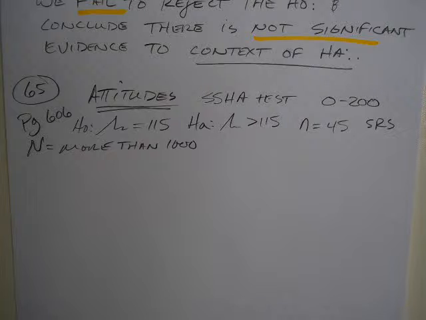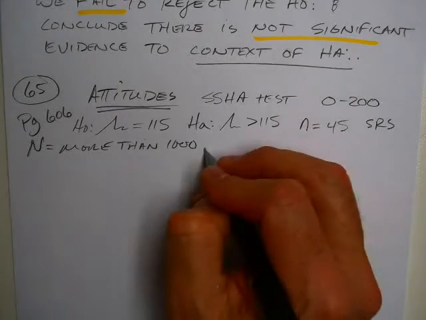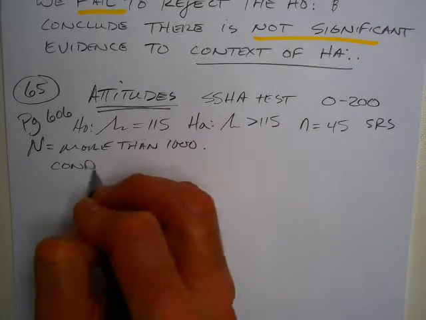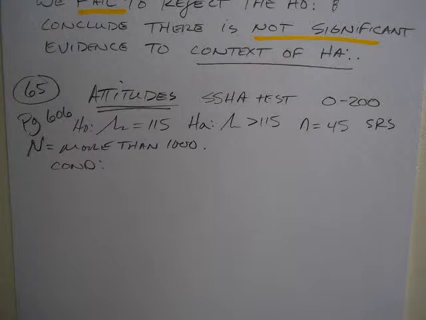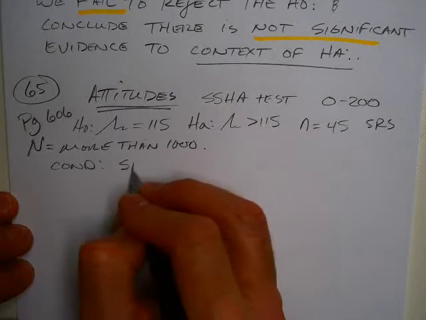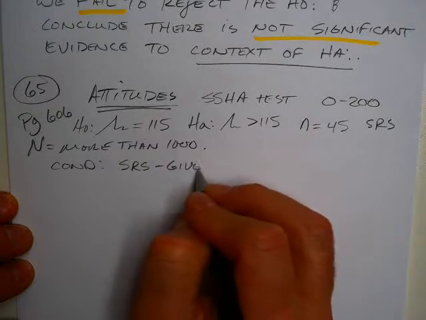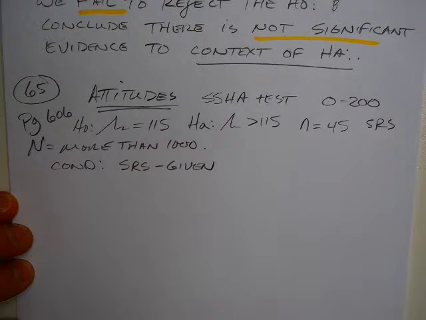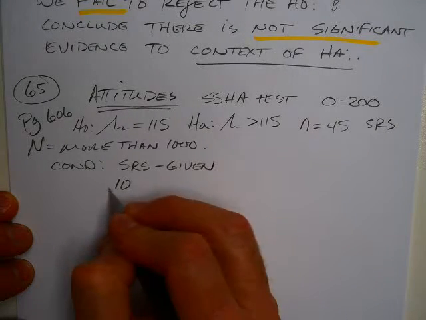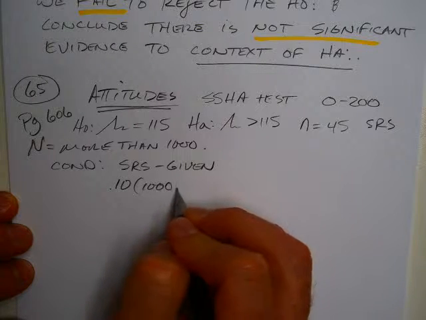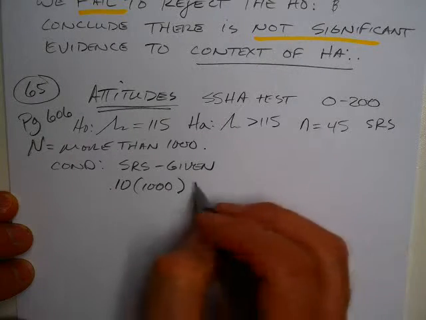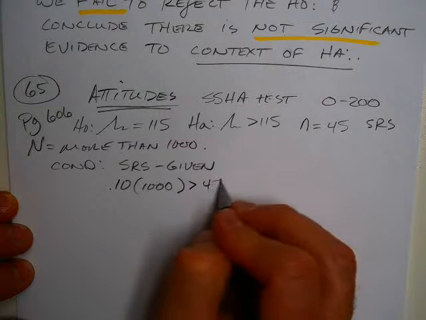And the teacher wants to perform the test. It gives the null and the alternative. And the first question in 65 is just, are the conditions met? Let's check and see. Is it an SRS? Yep, that was given. Is the 10% rule in place? Yeah, 10% of 1,000, more than 1,000, let's just say it's 1,000, is greater than 45.